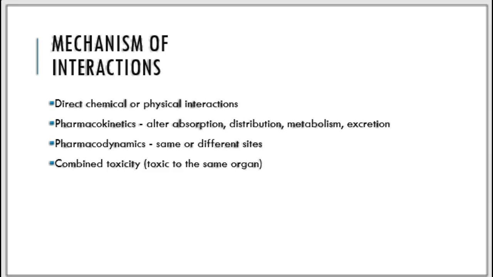So that's a potentiation of effects there. You can have a combination toxicity that hurts organs, like two antibiotics that are both nephrotoxic. You don't really want to give those at the same time and damage somebody's kidneys. So it's important not to double up on those kinds of medications.